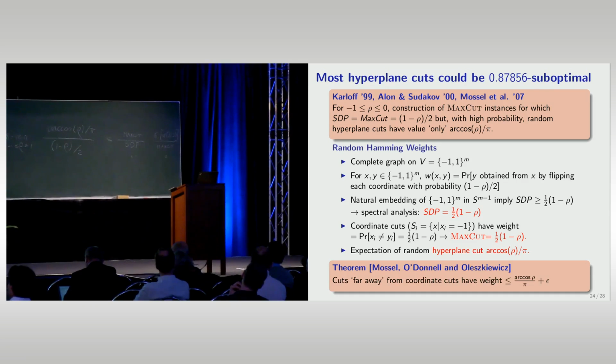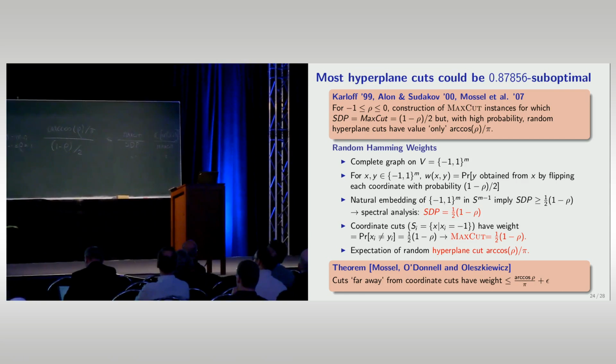And so the hyperplane cuts will be roughly arccos(ρ)/π. So we're in the setting in which the hyperplane cuts will be the numerator, but there will be much better cuts, which are these coordinate cuts.